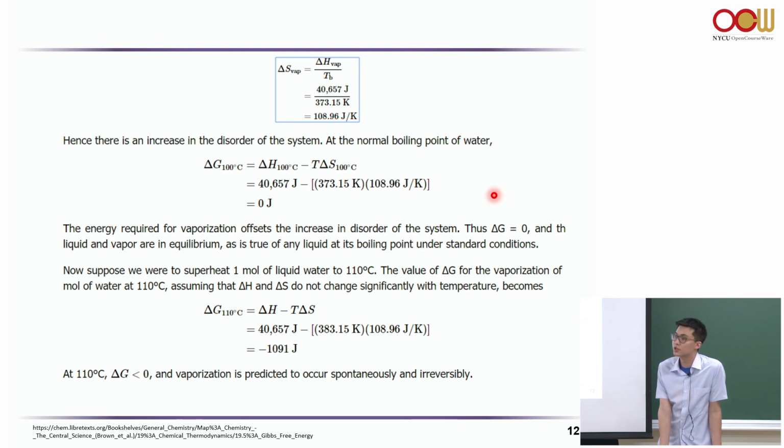So if we consider a system where we superheat the water to 110 degrees and all of a sudden open up your lid for this sealed container, because we know if we want to heat up the water above its 100 degrees C boiling point at 1 atmosphere, we have to pressurize our system, right? We do work to the system to force it so that the entropy is reduced and you have higher energy.